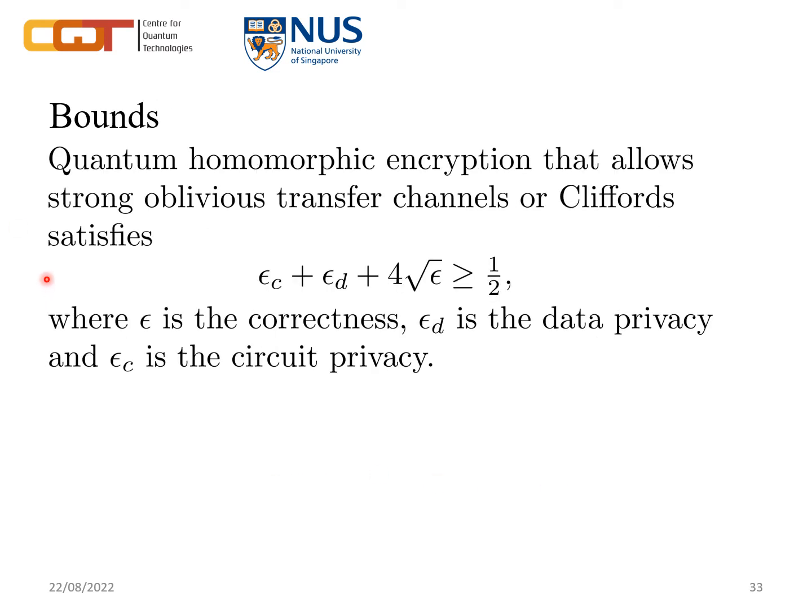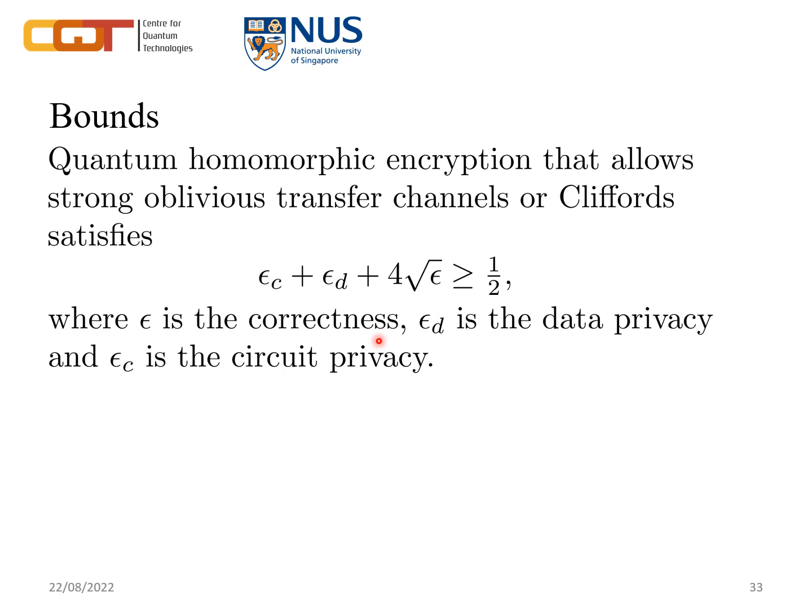We further make use of the bound for quantum oblivious transfer. A quantum oblivious transfer violating the previous bound does not exist, and thus a quantum homomorphic encryption protocol allowing strong oblivious transfer channels or Cliffords and violating this corresponding bound does not exist either.